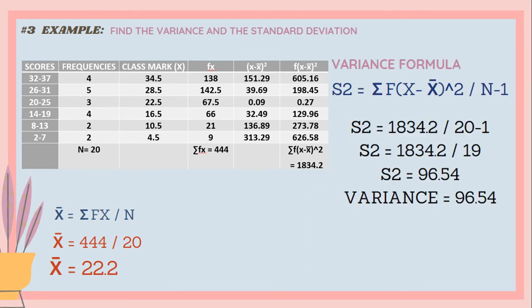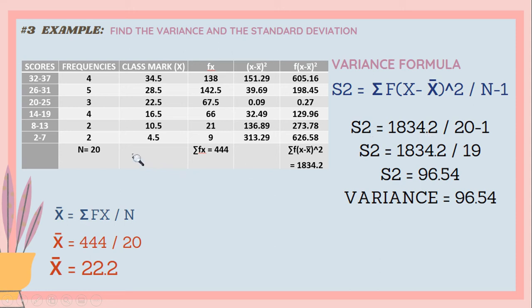So there, we already found all the answers for the additional columns that we need to find the variance and the standard deviation. So again, substitute your answers to the given sample variance formula. So the summation of f times x minus mean squared is 1834.2.